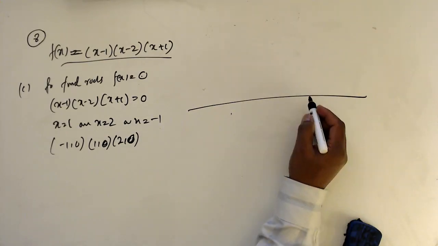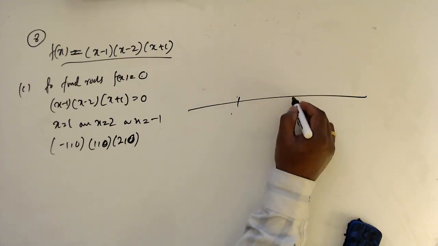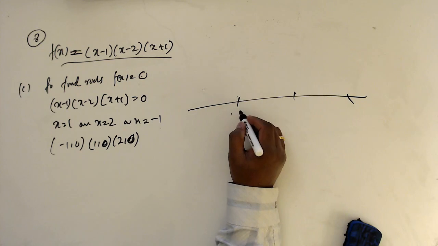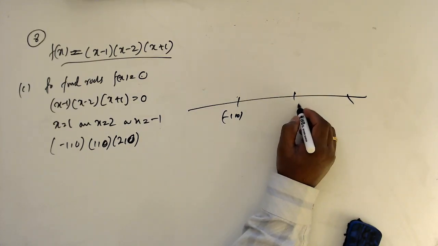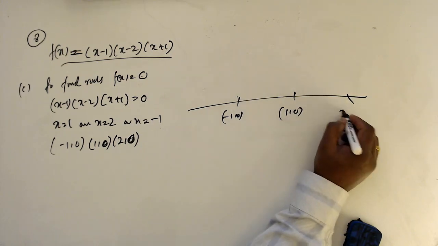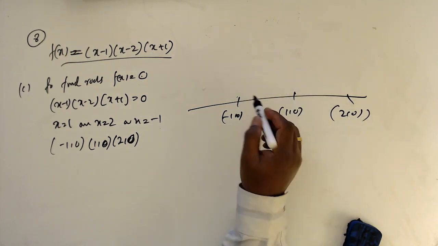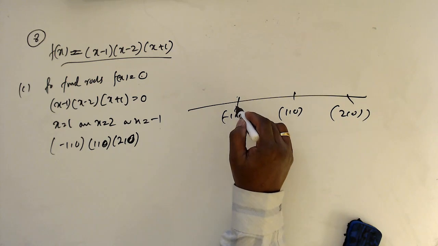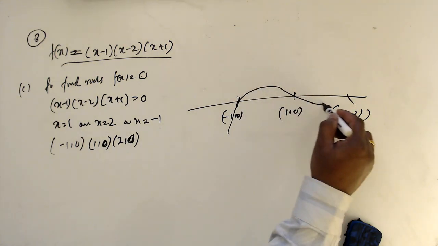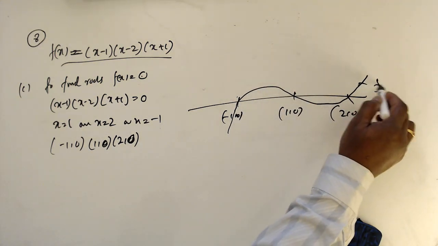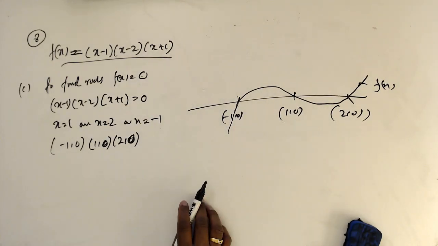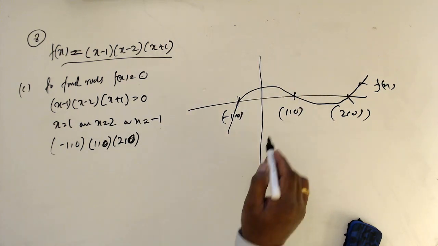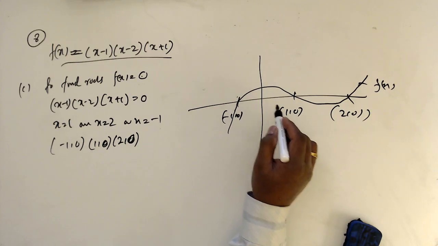Now assume that (-1, 0), (1, 0), (2, 0). I just draw a random graph. Assume this is the graph of f(x). Now this is (0, 0).